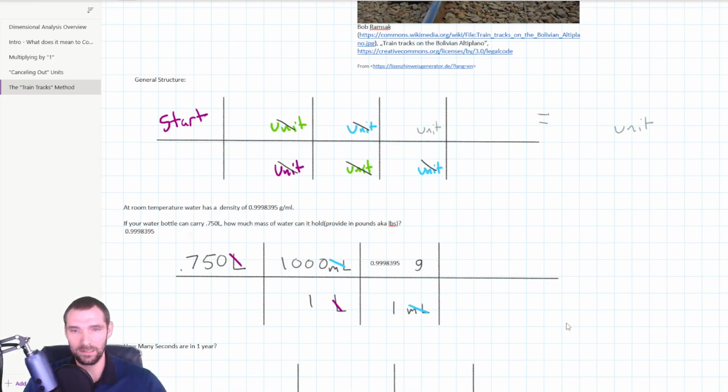But we want an answer in pounds, and so we have to know how many grams are in a pound. I need to look that up, actually. But once we have that, we should be able to just cancel out our units. So let me look that up and then we'll do the calculator.